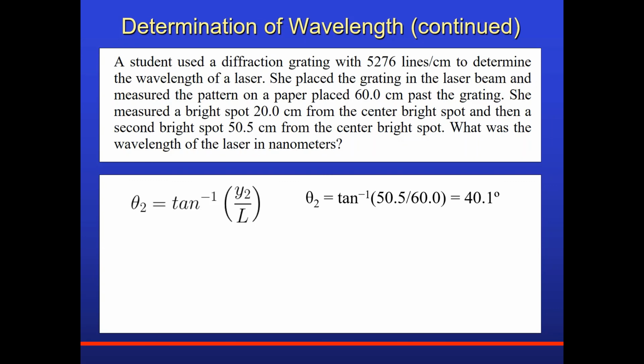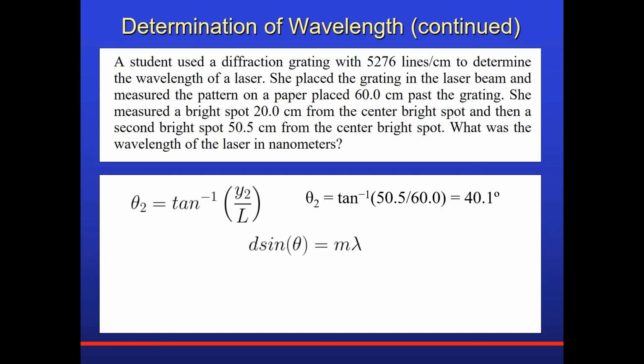If you want to go back in the video, look at the picture, remind yourself what is theta 1, what is theta 2, what is L, what are y1, y2. Do that, make a sketch, whatever. Okay. Once again, condition for constructive interference. This time, we have theta for m equals 2.